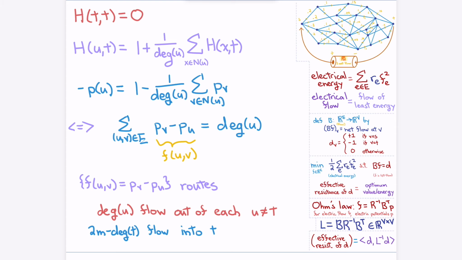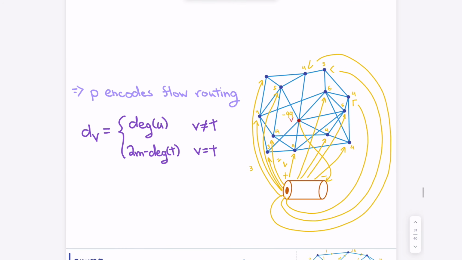So you get some flow that looks like this, I guess. So all of these non-t, who is t? Well, I think this should be a t. Let's make this a t.